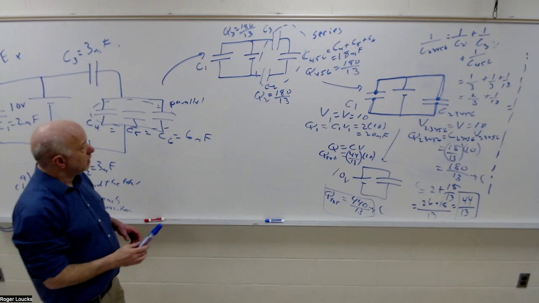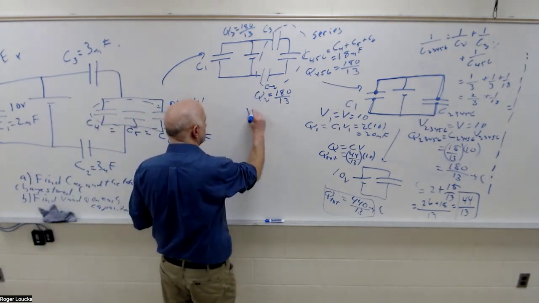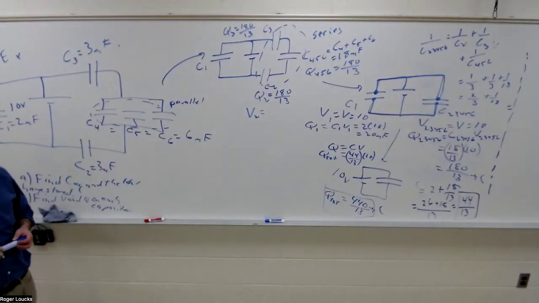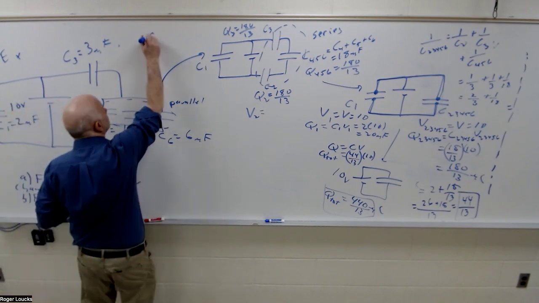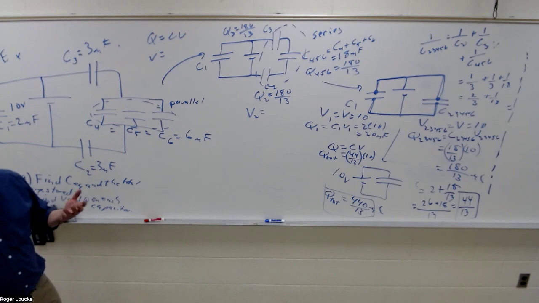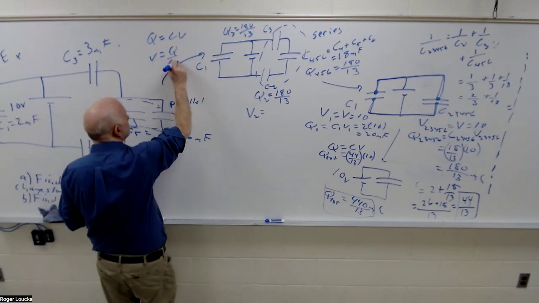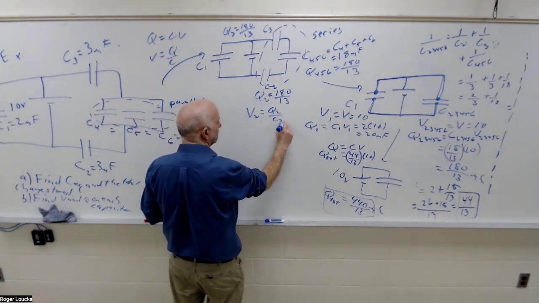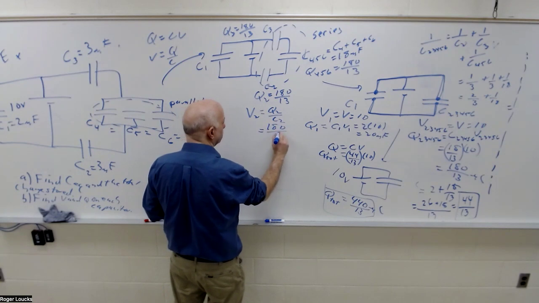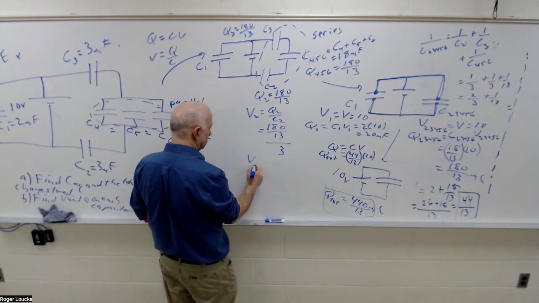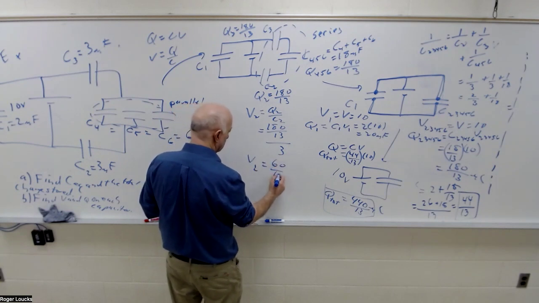Okay, let's get these two out of the mix. Tell me what V2 has to be then. Q equals CV, then V has to be Q over C. This has to be 180 over 13, all divided by our C2. So V2 has to be 60 over 13.